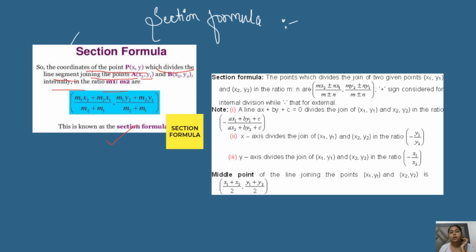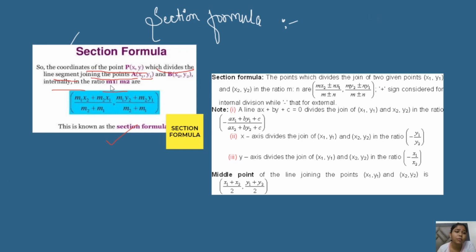Basically, when a particular point divides the line segment into two parts, whether equal or unequal, in any ratio, in m1 ratio m2, or in m ratio n, or in k ratio 1, in any of the ratios, then the coordinates of that point can be calculated using the section formula.